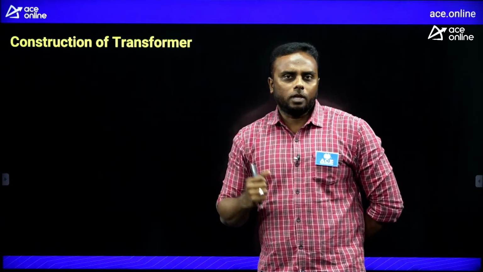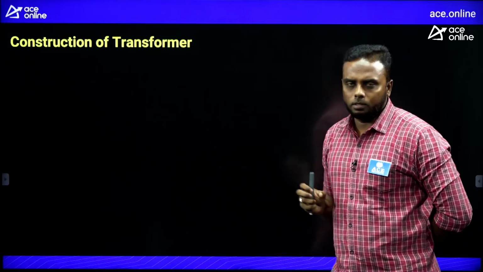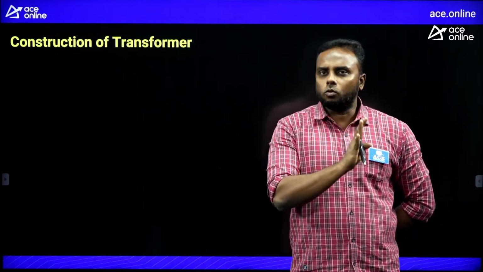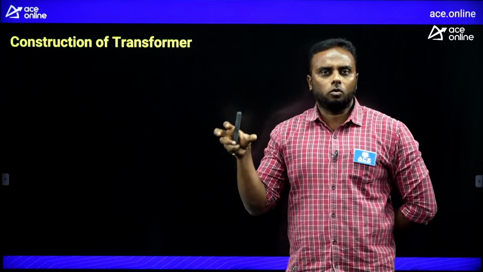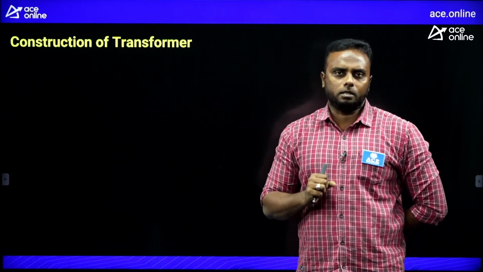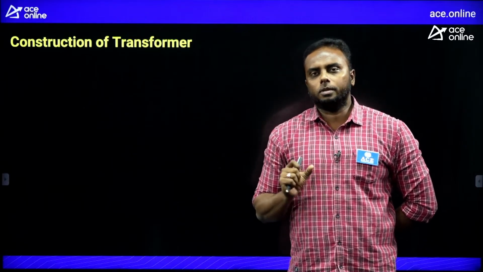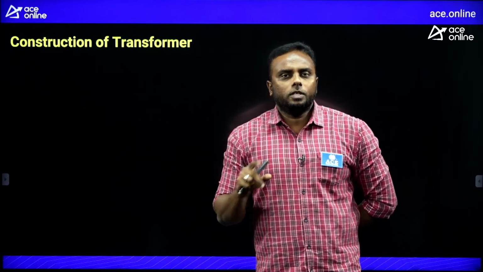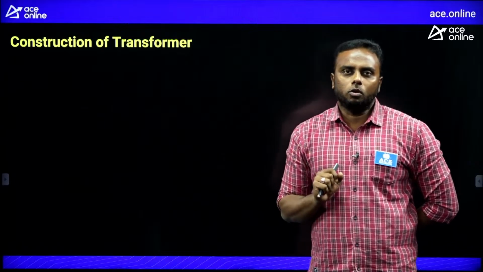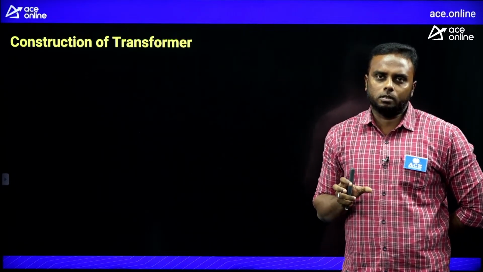Core type is used for high voltage, low current, and shell type is preferred for low voltage, high current applications. These are the important differences between core type and shell type. Which one has more leakage? Core type has more leakage, shell type has less leakage flux.